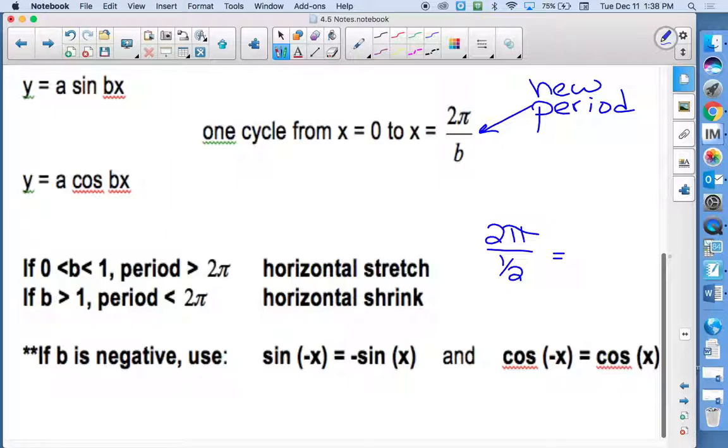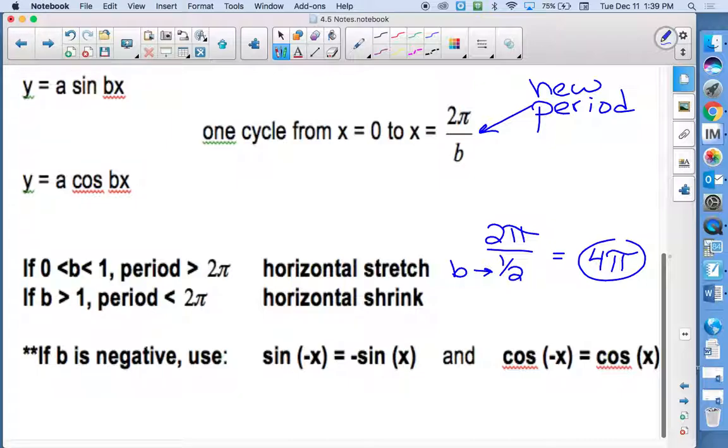So what is 2 pi divided by 1/2? 4 pi. So you can see that if this is b, my period now actually doubled, because when you're dividing by 1/2, you're really multiplying by the reciprocal. So your period stretches when you're dividing by 1/2 or you have a b value less than 1.